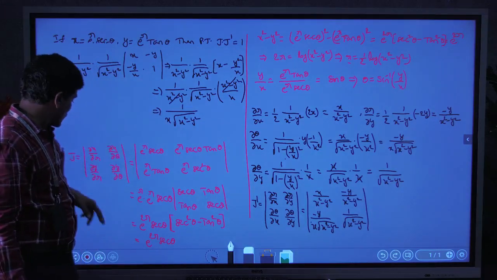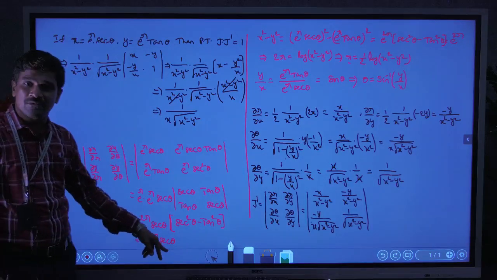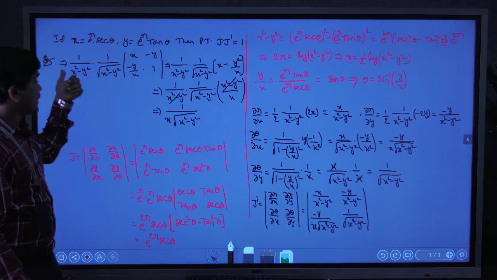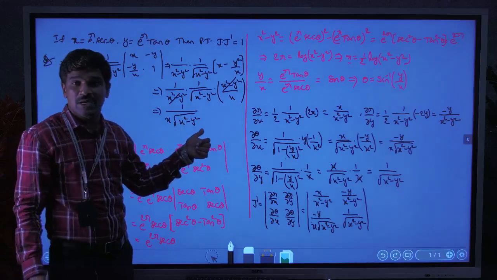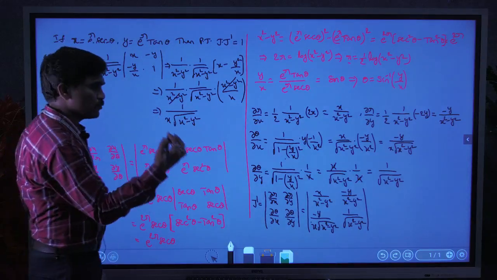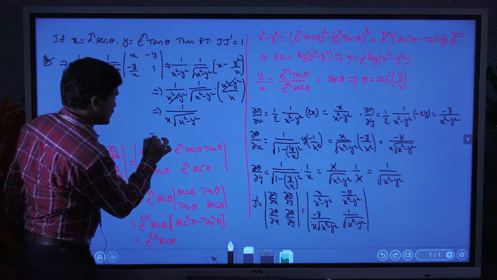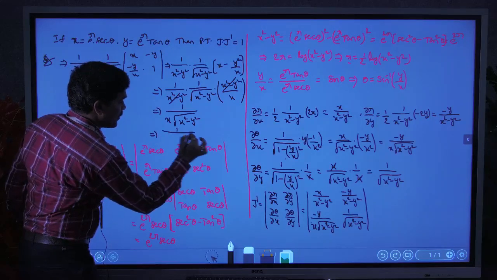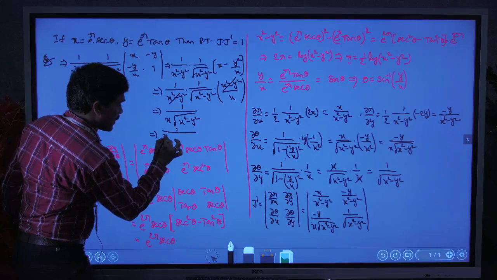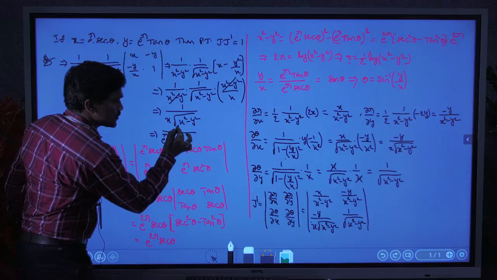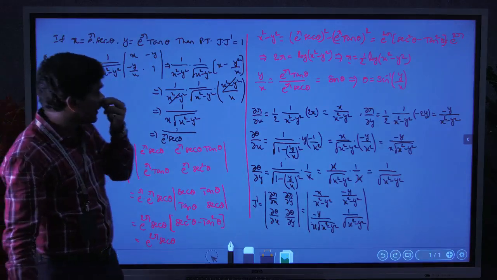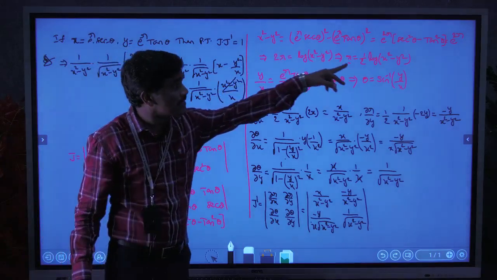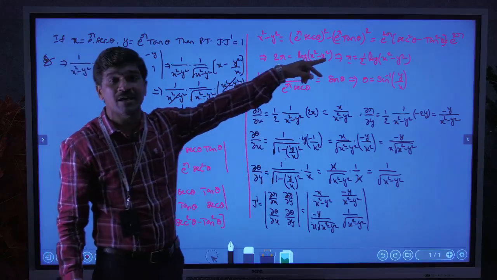Actually j is a function in r theta, but here we get j dash as a function in x y, so we have to convert into r theta. What is x here? e power r secant theta. And what is x square minus y square? It is e power 2r.